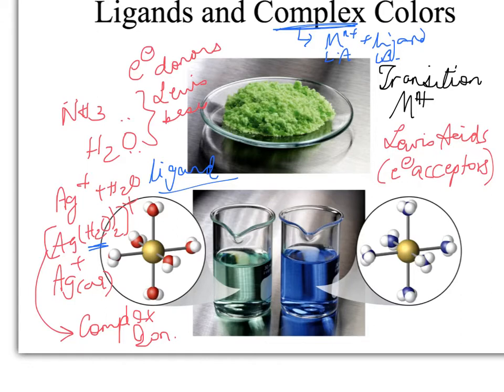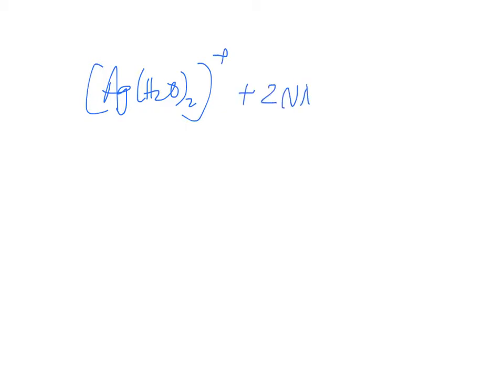Now, consider silver as Ag(H2O)2+, and you add ammonia to the system. What's going to happen is that ammonia is going to displace the water.